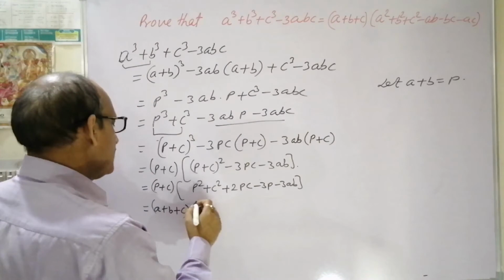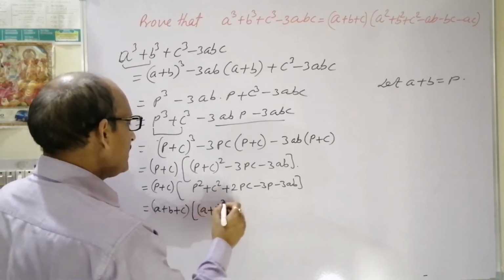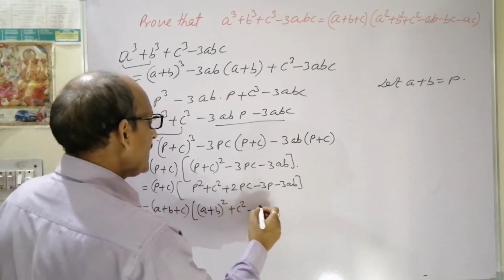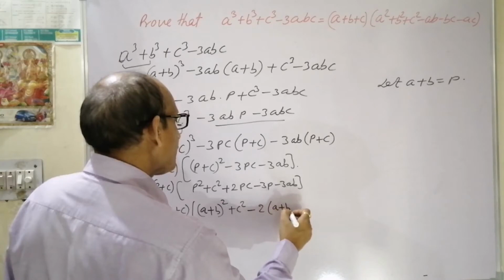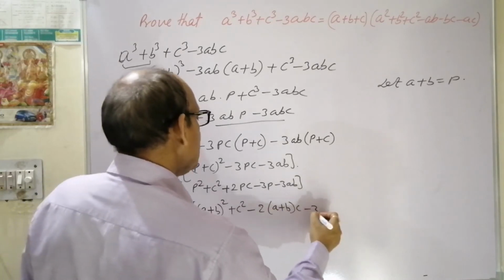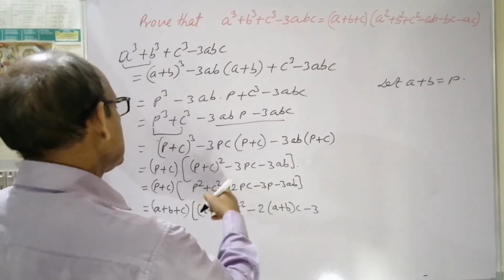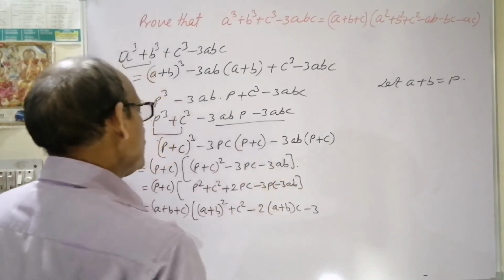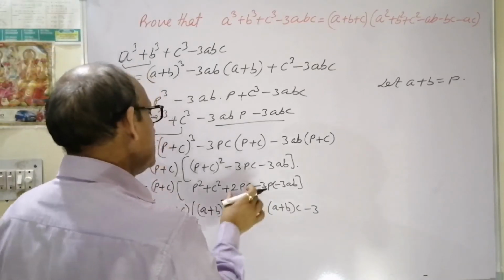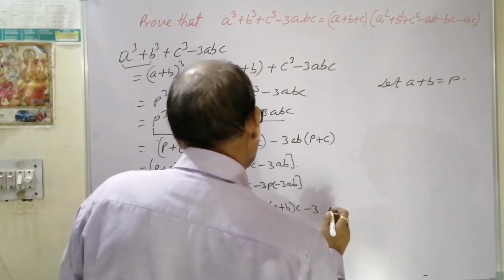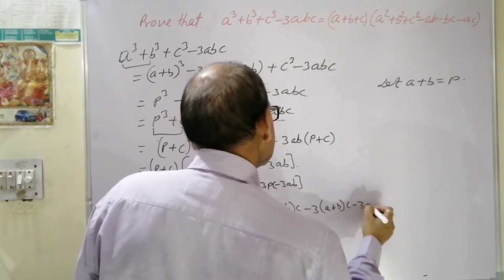Thereby it will be (a plus b) whole square plus c square, minus 3pc becomes minus pc with 2pc, that is 3pc minus 2pc, minus 3ab. P means (a plus b) into c, minus 3ab.